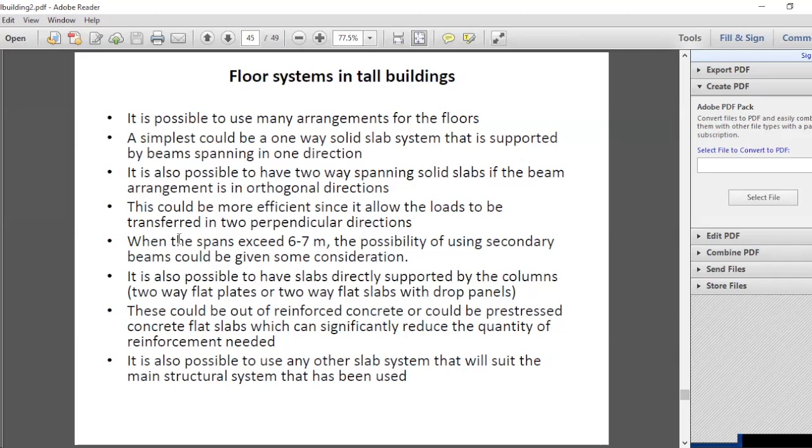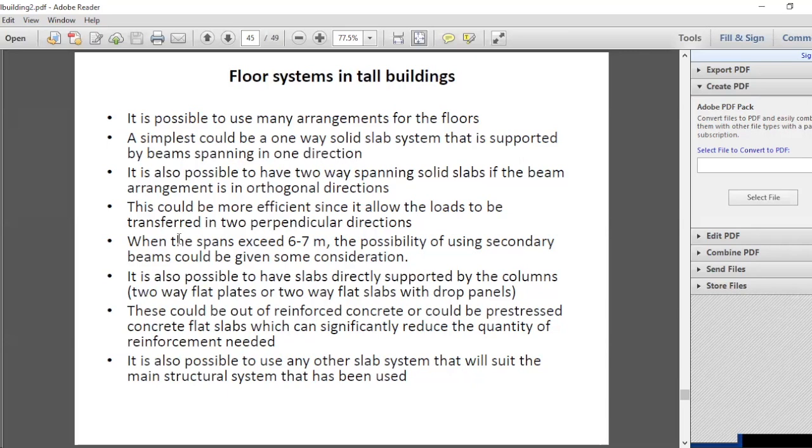When we talk about that type of spans, let's say you have a 7.5 meter by 7.5 meter span, and you want to use a two-way spanning slab. The minimum slab thickness might come closer to 200 millimeters. Now you can see a 200 millimeter thick slab is a fairly heavy slab. So one of the options you have is to consider having secondary beams.